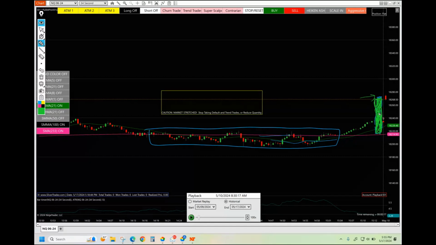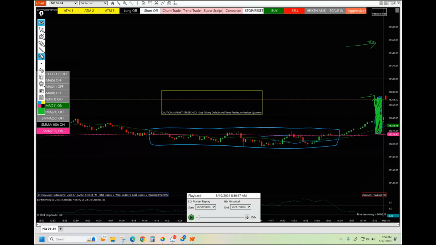It has opened up at a good level. But sometimes what happens is, if it opens up too high, then yesterday's data is irrelevant. It means if it has opened, say here, then the whole of yesterday's data is irrelevant. We have to take a fresh look at the market. But today it's not too high.